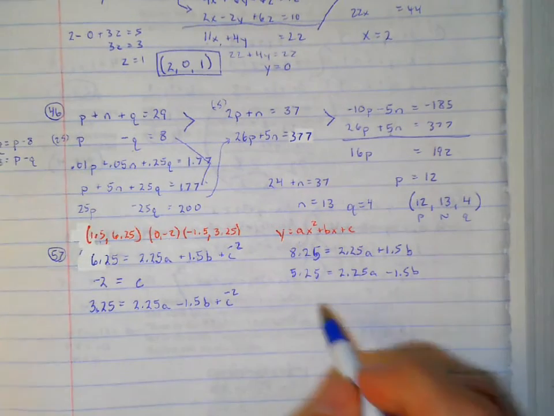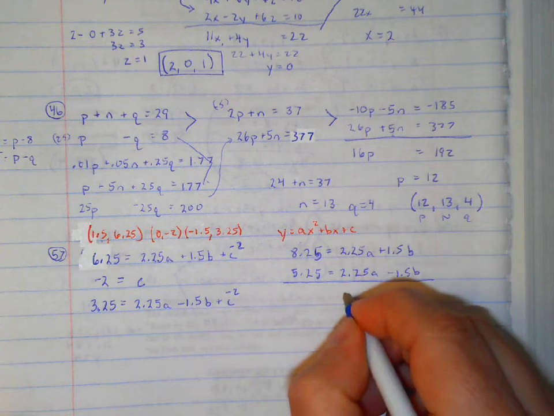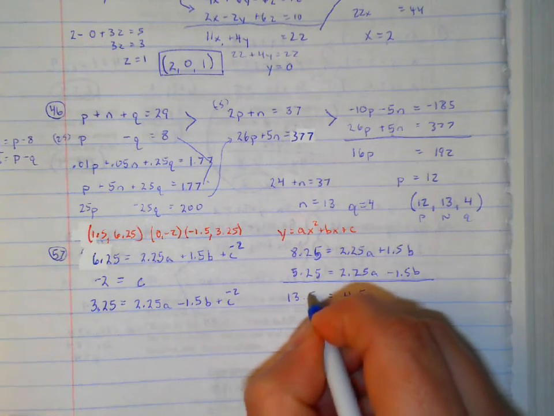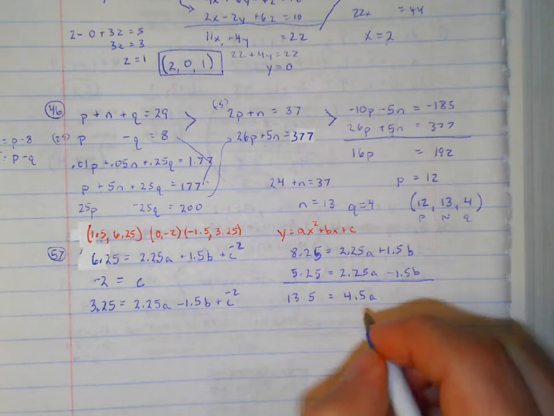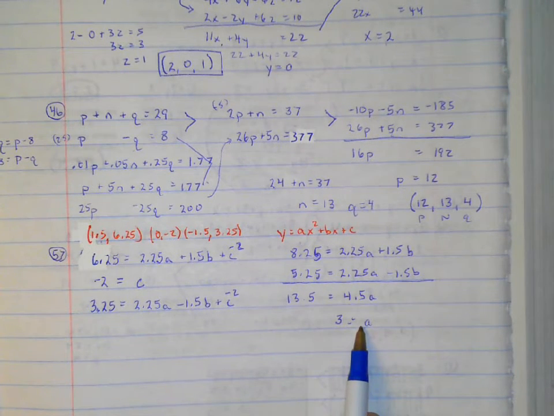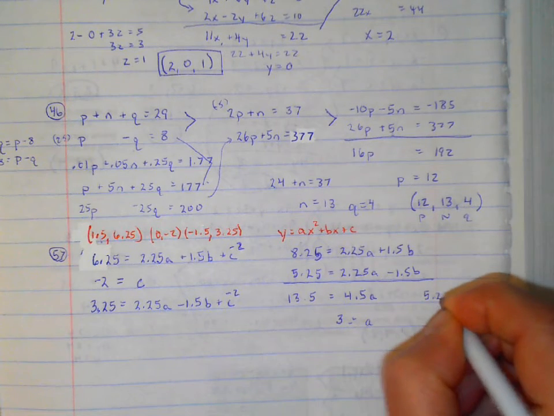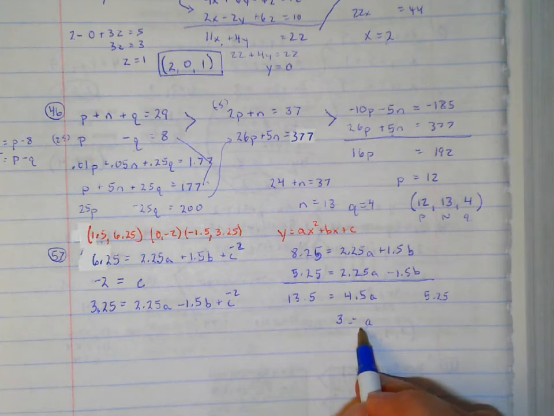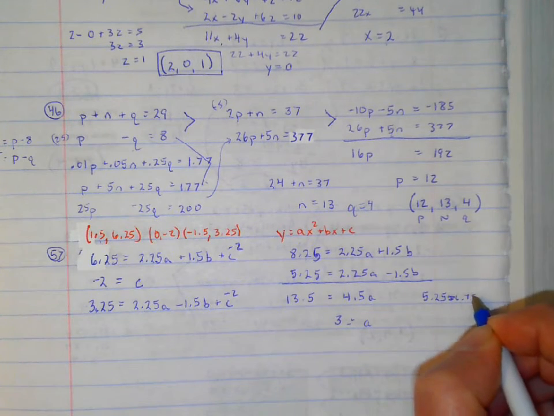Okay, this is working out nicely because the b's eliminate here. So I have 4.5a, this would be 13.5, and 13.5 divided by 4.5 gives me 3. So I got my c, I got my a, got to find my b. Let's just plug into this one right here. So 5.25, and 2.25 times a, which is 3, gives me 6.75.